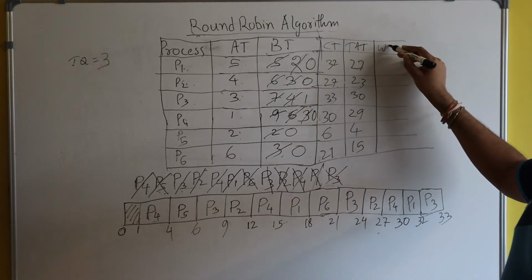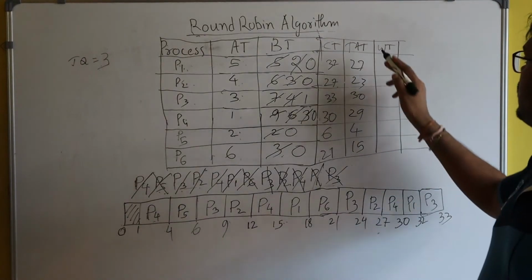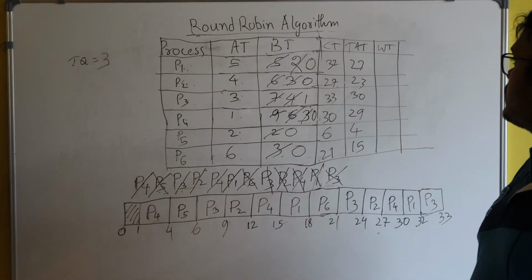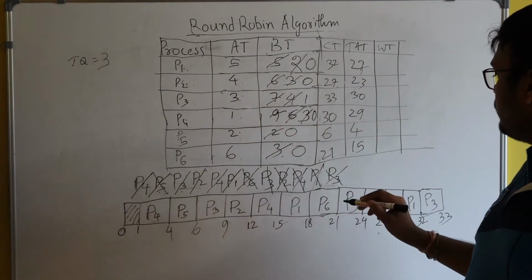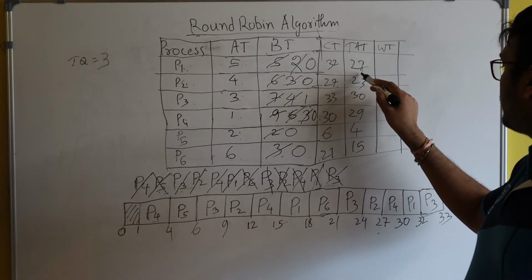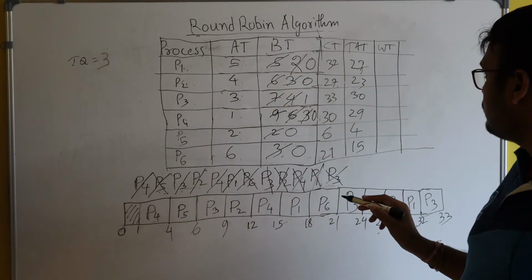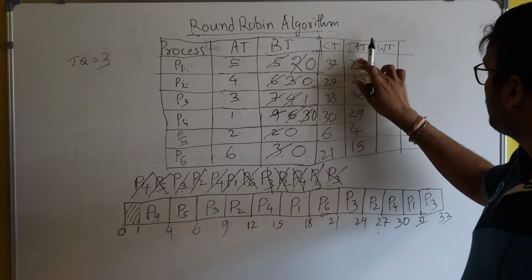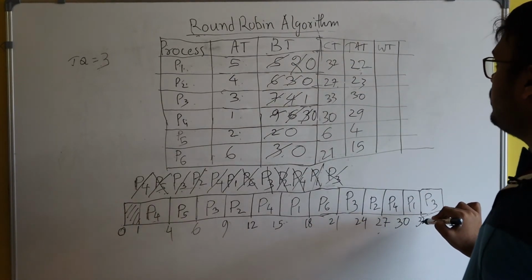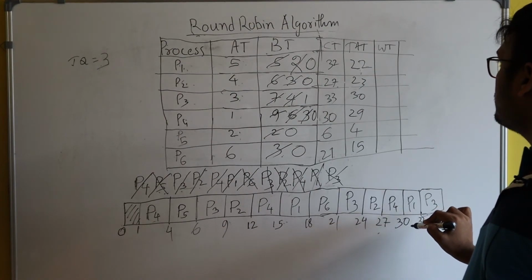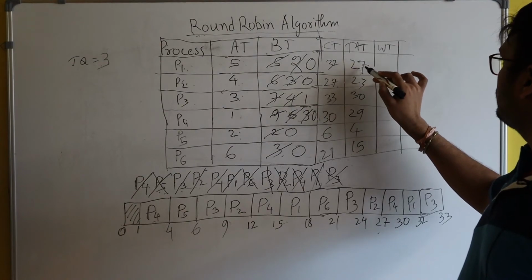So in the same way we can calculate the waiting time. So what's the waiting time? Turnaround time minus burst time. So what's the burst time? Yes. So what had I written here, is it 27? No, it's 22. So for P1, turnaround time is completion time minus arrival time, 27.